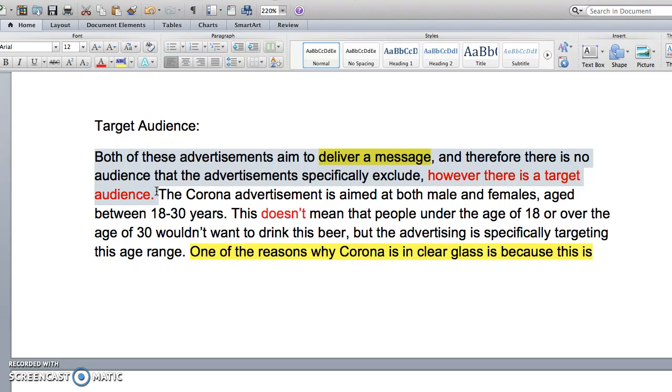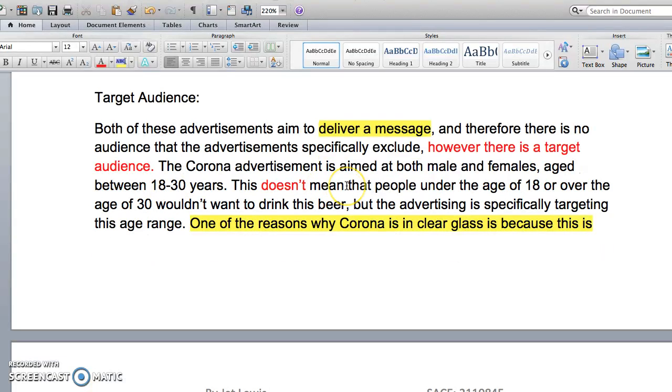So, Jet, you just need to look at the language. You're talking, it's as though it's a sort of stream of consciousness. You need to be more analytical. You need to be showing your understanding of the language, the metalanguage that goes with consumerism, the language of media, persuasion, rhetoric, the visual elements. So just change that. The Corona is aimed at males and females, 18 to 30 years.